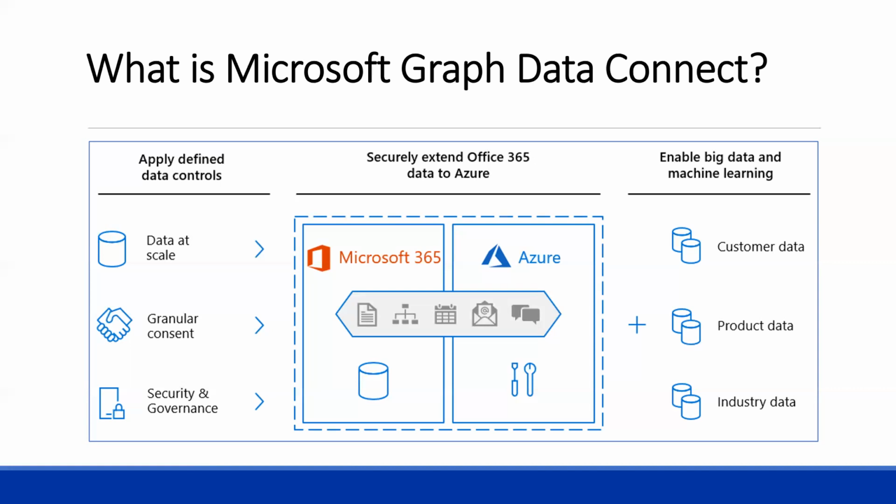It has multiple levels of security and consents. When you want to extract data out of Microsoft 365, the request can be raised from your Azure Data Factory pipeline, and it is consented by the global administrator.